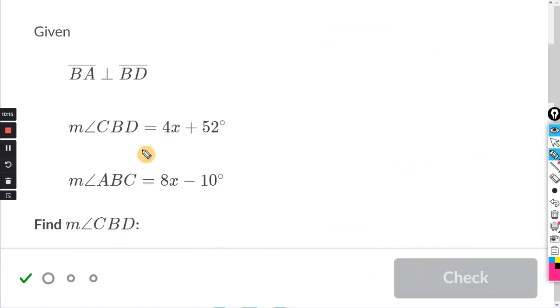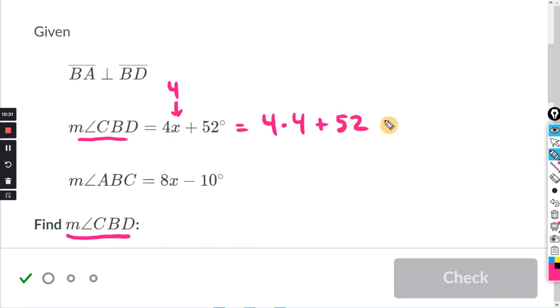If x equals 4 and they want us to find CBD, which is this right here, I can just plug in the 4 right there. So that's going to be 4 times 4 plus 52. Okay, 16 plus 52 is 68. And that is the final answer.